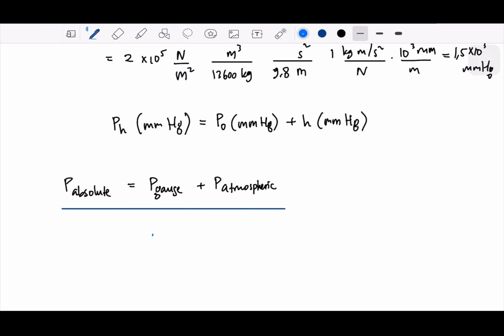And standard for 1 atmosphere, I think you already know, that is the pressure at sea level, 760 millimeter mercury. So the absolute pressure is P gauge. Gauge pressure is measured by a device, so relative to atmosphere.